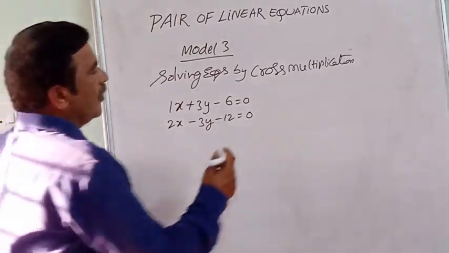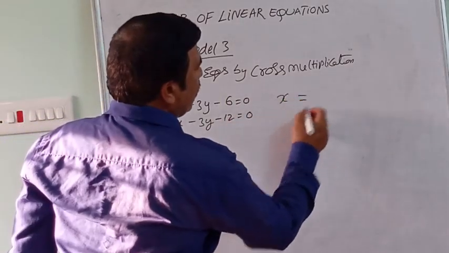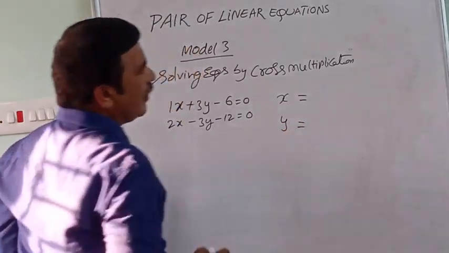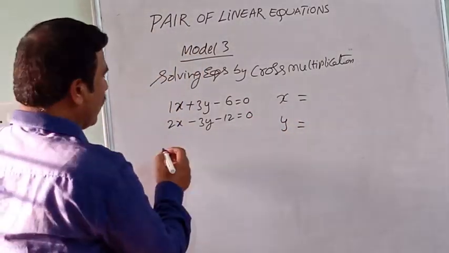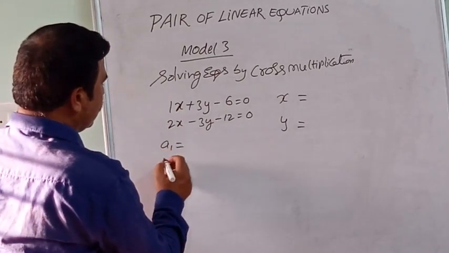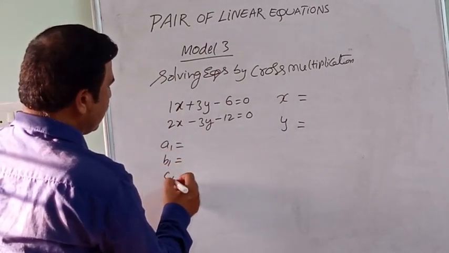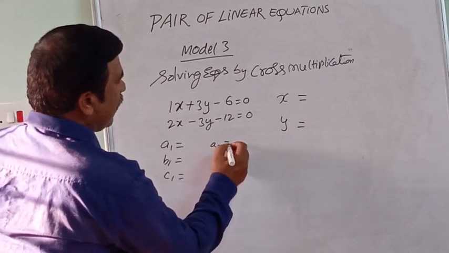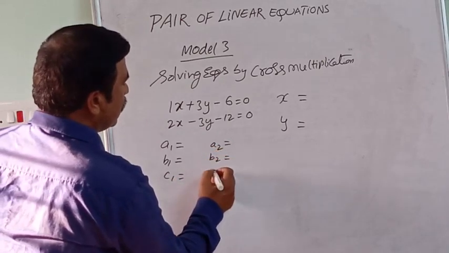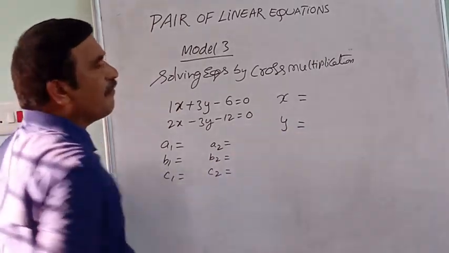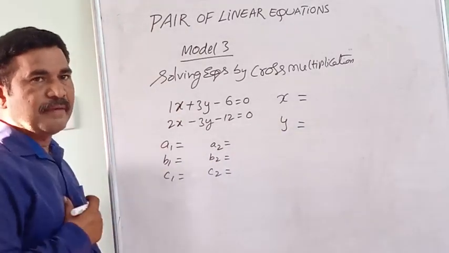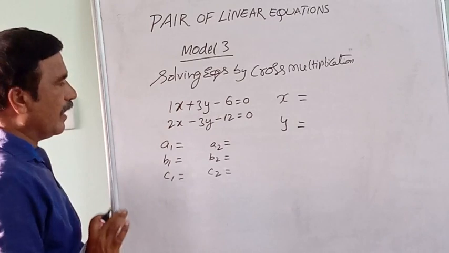Just write the x value formula and y value formula. Just learn it by heart, enough. Just in normal problems, find the a1 value, b1 value, c1 value, a2 value, b2 value, c2 value. Then you have the x and y formulas by heart and just solve it, enough.